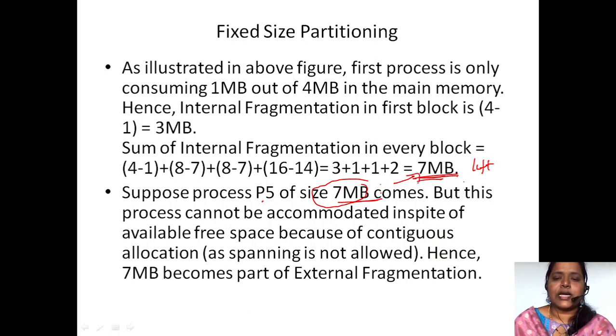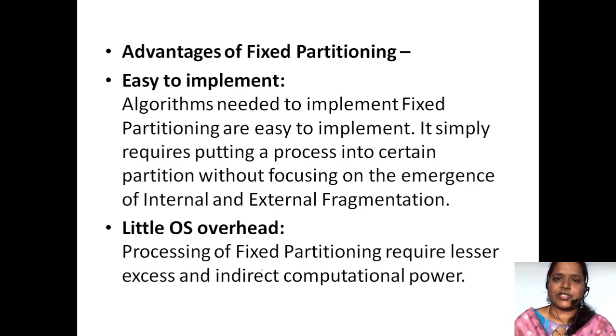Why? Because it is not contiguous, because of contiguous memory allocation. So hence the 7 MB becomes the external fragmentation. Even though the memory is there, we are unable to allocate the process onto the leftover memory. That we call an external fragmentation.